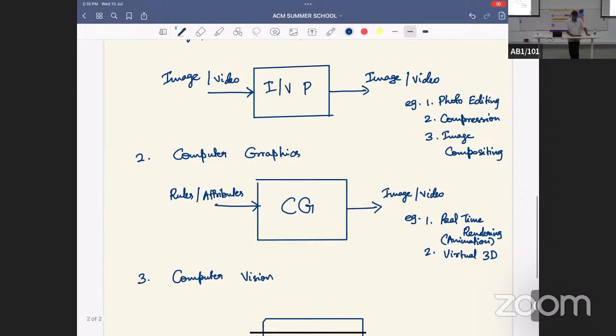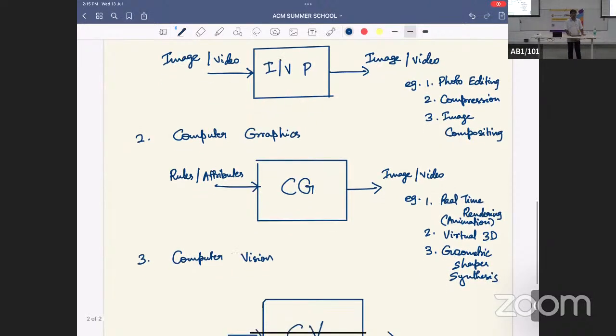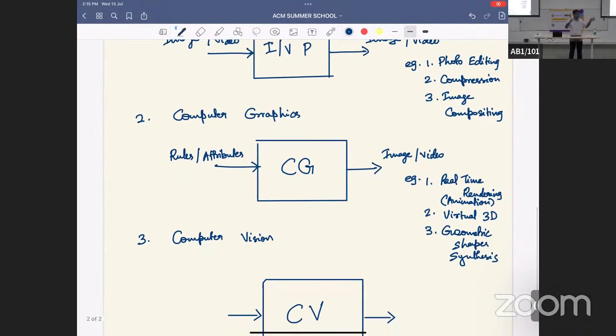So any geometric shape rendering, right? Geometric shapes synthesis. So you give the equations, as someone told correctly, where they are located, how much they are translated, how relative shapes are translated, and so on. What are the types of geometric shapes present? Those things you give, and so now you get an idea, right? These are the class of problems in computer graphics.